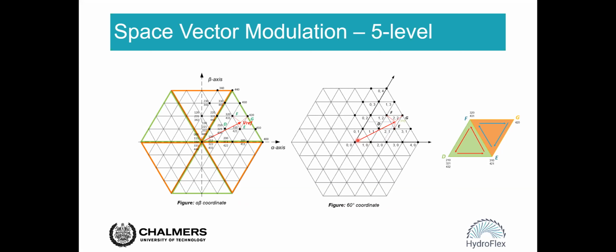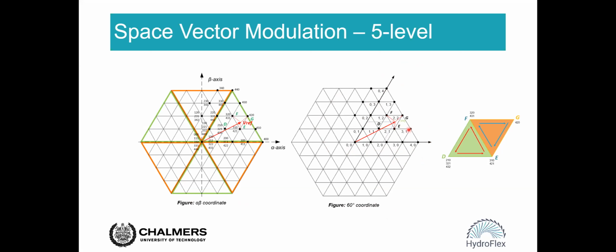Basically, 60 degrees stands for 1 sector here. If we convert from the alpha beta coordinate to this 60-degree coordinate, then the switch states can be simplified, which in this case are 0, 0, 1, 0, 2, 0.